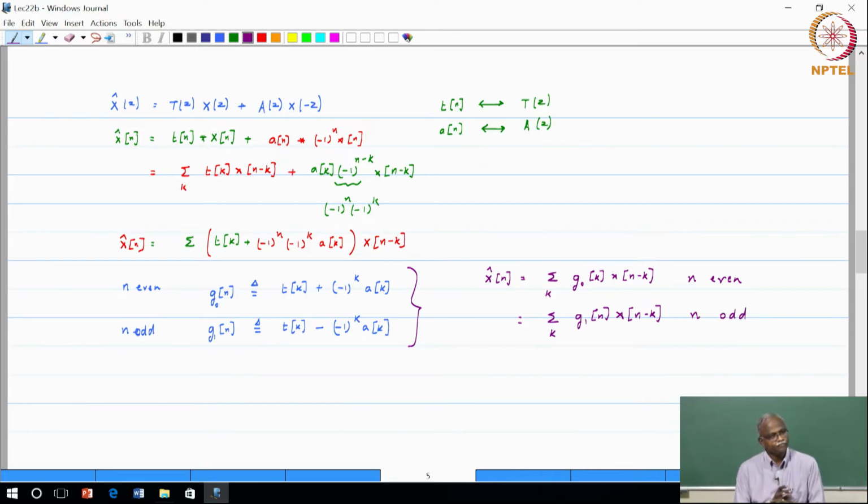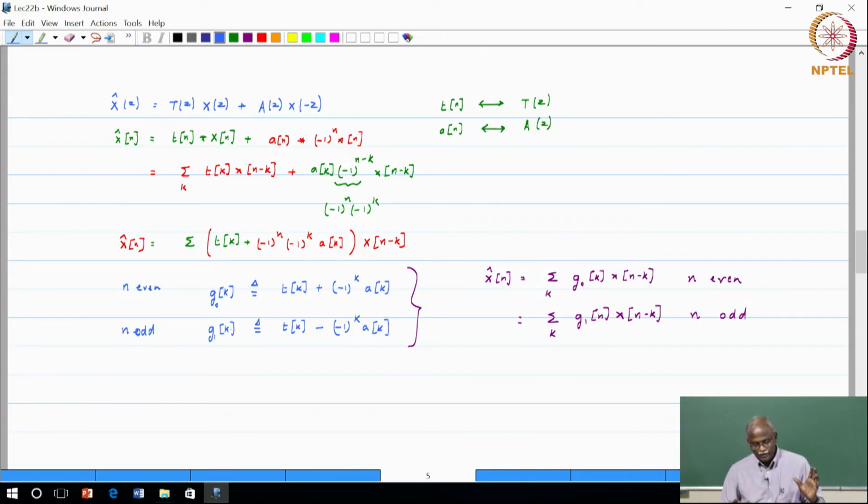Do you agree with that? Basically, you get a different sequence when time n is even and when n is odd. Sorry, this is g naught of k, absolutely correct.